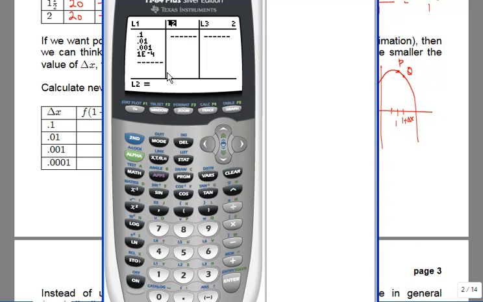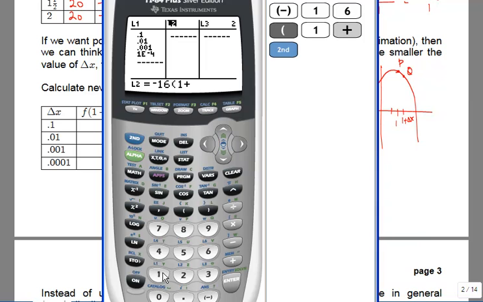So when we type in our function down here for list 2, I'm not going to be typing in for x these list 1 values. I'm actually going to be using for x these list 1 values plus a 1, so that we are this distance away from our point P. So here's what we're going to have to type in carefully. The equation of our function is negative 16x squared to begin with. So I'm going to type in negative 16, but instead of x, we want 1 plus delta x, and these delta x's are stored in list 1.